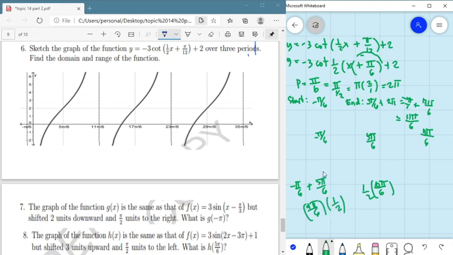So, 2 pi over 6. 2 pi over 6 is pi over 3. Then, we have to add them: 16 pi over 6 times 1 half. It's 8 pi over 6 or 4 pi over 3.